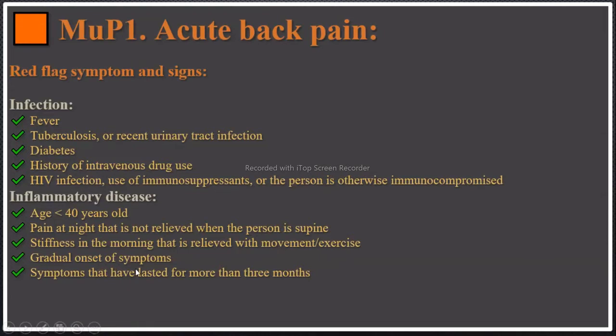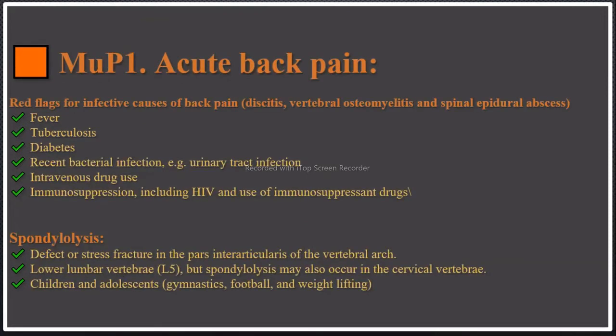Gradual onset of symptoms, symptoms that have lasted for more than 3 months. So if the patient has symptoms for more than 3 months, think about infection. Again, guys, it's very important and can be a common question.